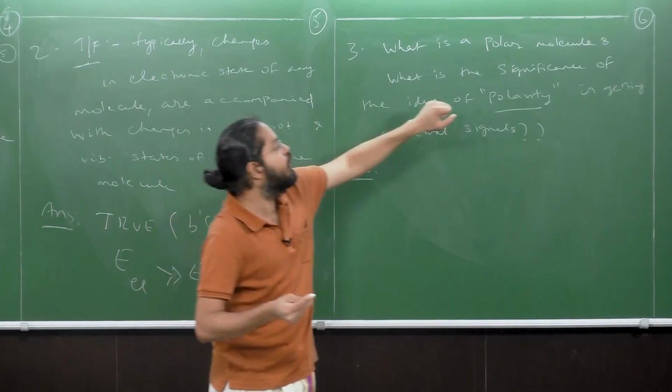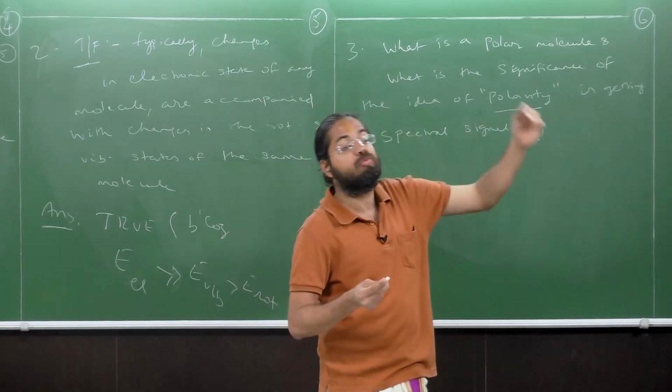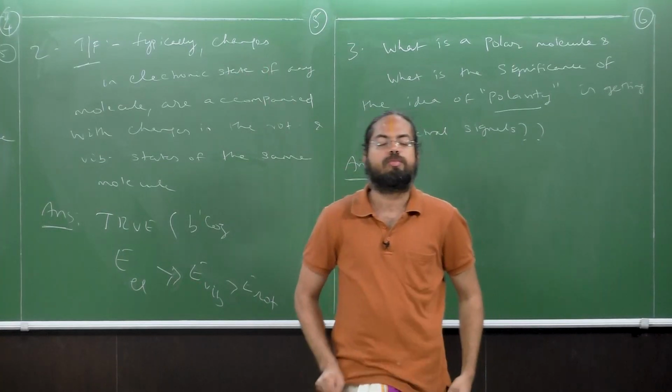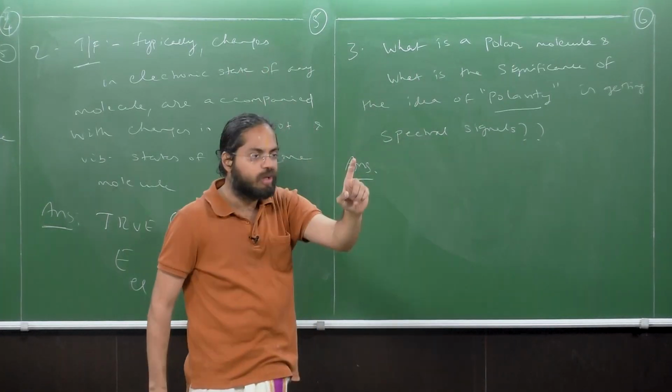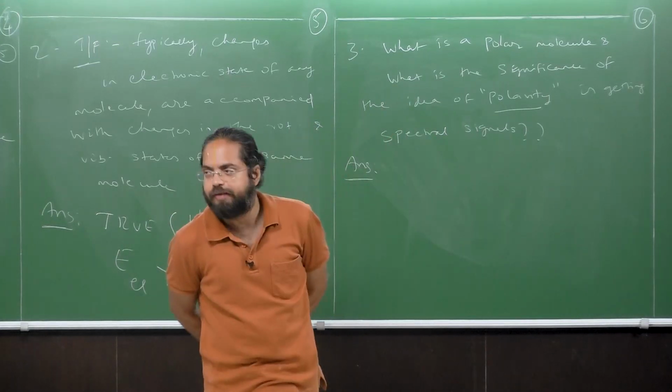Because polarity is connected with spectral signals, and because it is through spectral signals that you detect molecules in outer space, overall the concept of polarity becomes very important in astrochemistry itself. That is the significance of this question. What is the answer?